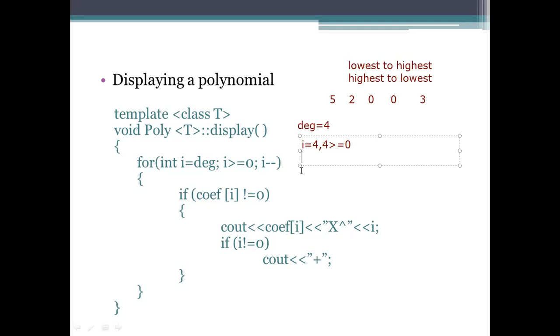Whenever this condition is true, we execute the cout statement. What is the cout statement here? Read the coefficient of i. Here the coefficient of i is coefficient of 4, which is 3. 3 will be written, along with that, print x to the power of, what is the i value now? 4.